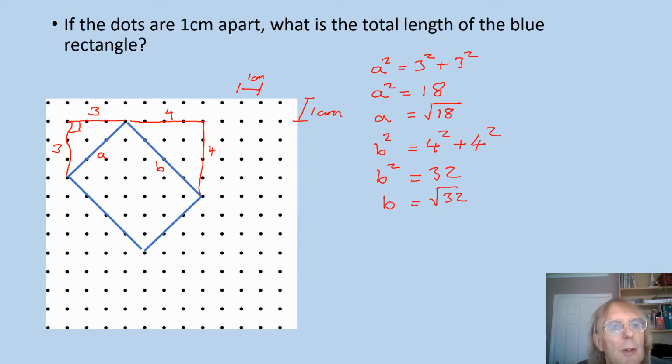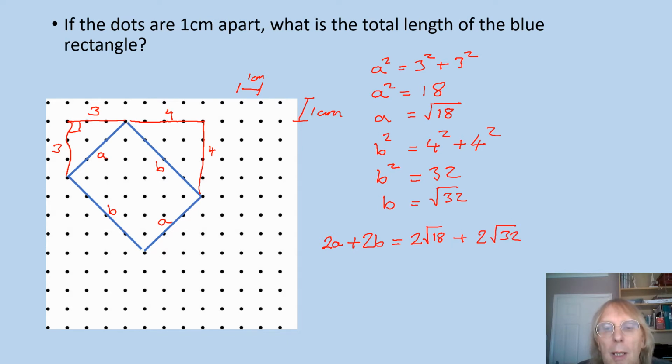Now we're after all the way around, so we've obviously got the other two sides as well, A and B, exactly the same. So the length we want is 2A plus 2B, which in this case is going to equal 2 times root 18 plus 2 times root 32.